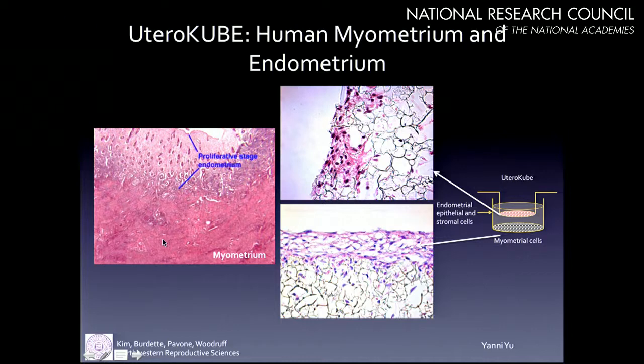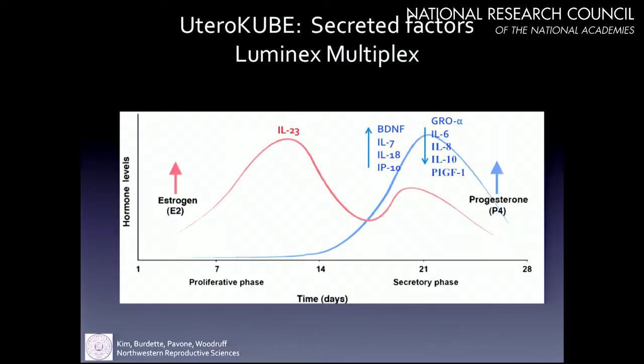And so we decided to kind of tease this apart, and we've tried multiple different scaffold compounds to grow these in, and we've chosen a commercially available polystyrene scaffold that is shown here to grow epithelial and stromal cells of the endometrium together, and then transwell that on top of myometrial cells that are grown on this layer. And so you can see that the cells do grow in a 3D-like fashion, and we've been testing the system for secreted compounds to determine what are the secreted factors that are being released by this system.